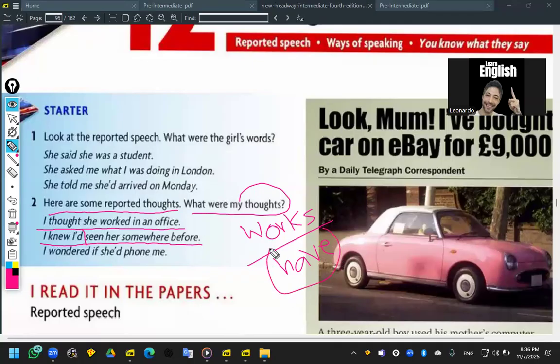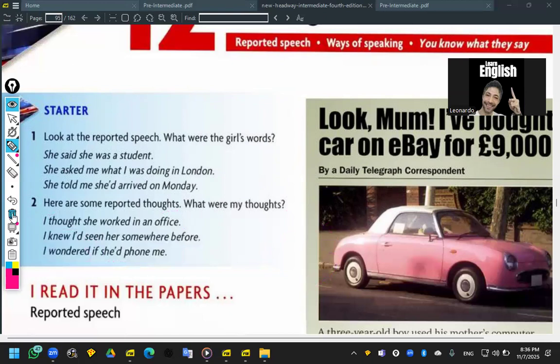Be careful. Finally, I wondered if she'd phone me. Be careful, guys, about if, because if we have if, this is because we have a yes and no question. Okay? So, she'd phone me. So I have to say what?